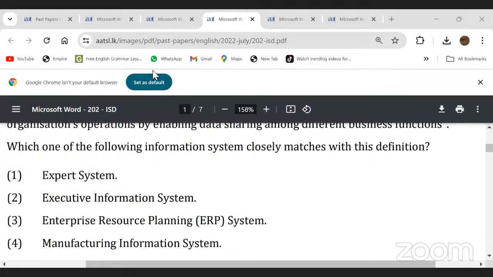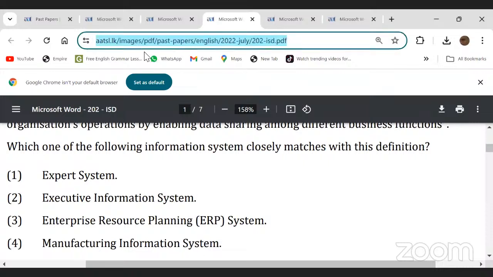The separate functional systems are known as... cross-module functions and everything. How can we identify that? What is the name we can give to that type of information system? Central planning, centrally managed databases. Everything we have discussed.